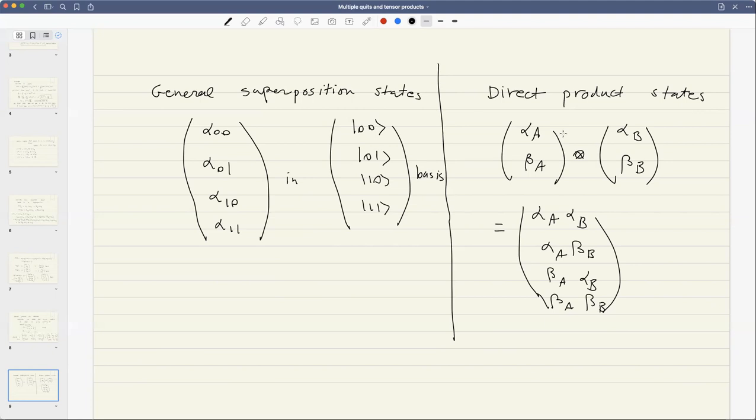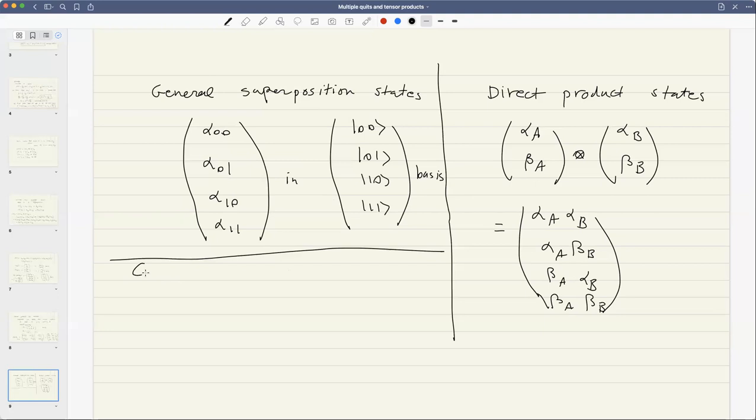So that means that if you think about one qubit in that state, there is no state that you can write to describe it. We really have to work with this four-dimensional space of the two qubits. So let's give an example.